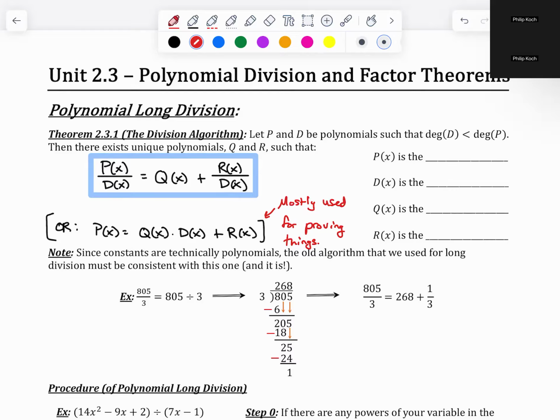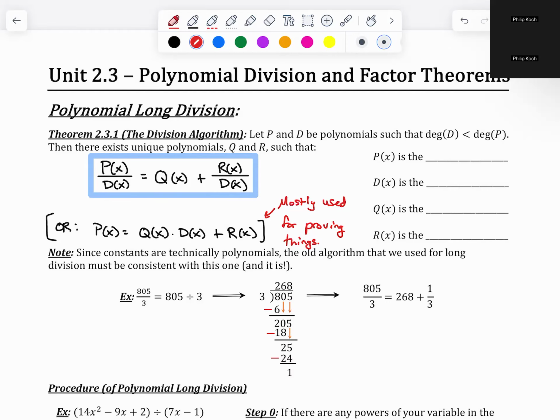So if you're trying to prove something, the formal definition of the division algorithm, P of X equals Q of X times D of X plus R of X, the one that I've written in brackets, is the more useful version for proving stuff. But for applicational purposes, which is what we're interested in for most math courses, up until you get into 400 level math courses, it is the one that I've boxed in blue. That's the way we're going to be using it.